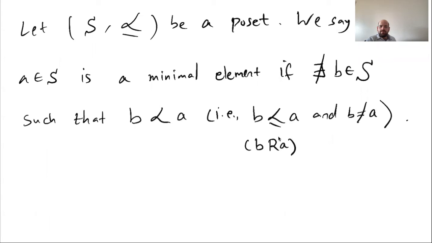And if B is in relation with A and B is not equal to A, then together we denote it with B curly less than A. So an element A is a minimal element if there is no B such that B is less than A. It makes sense to say that a minimal element is an element of the set where there is nothing less than it.